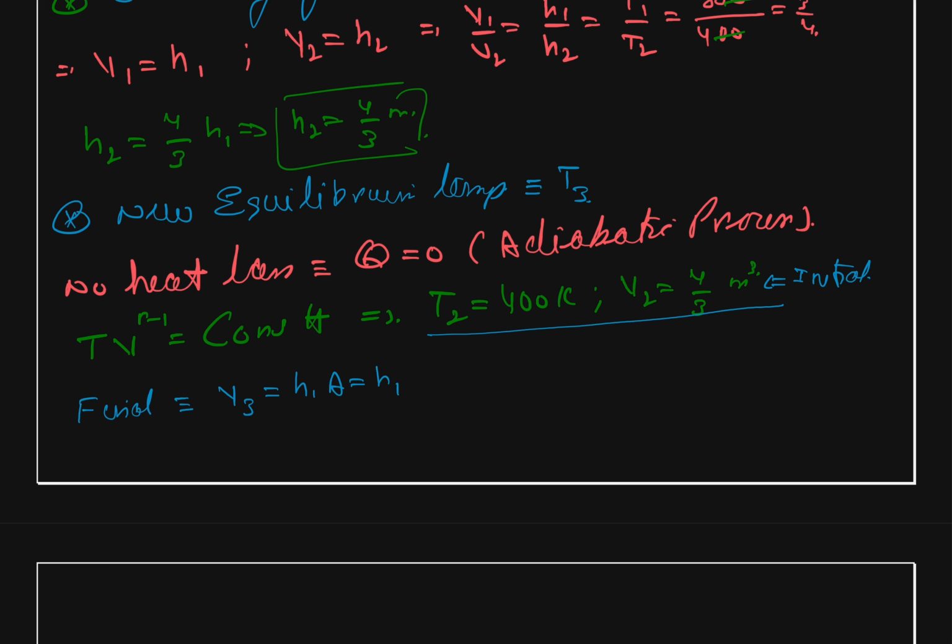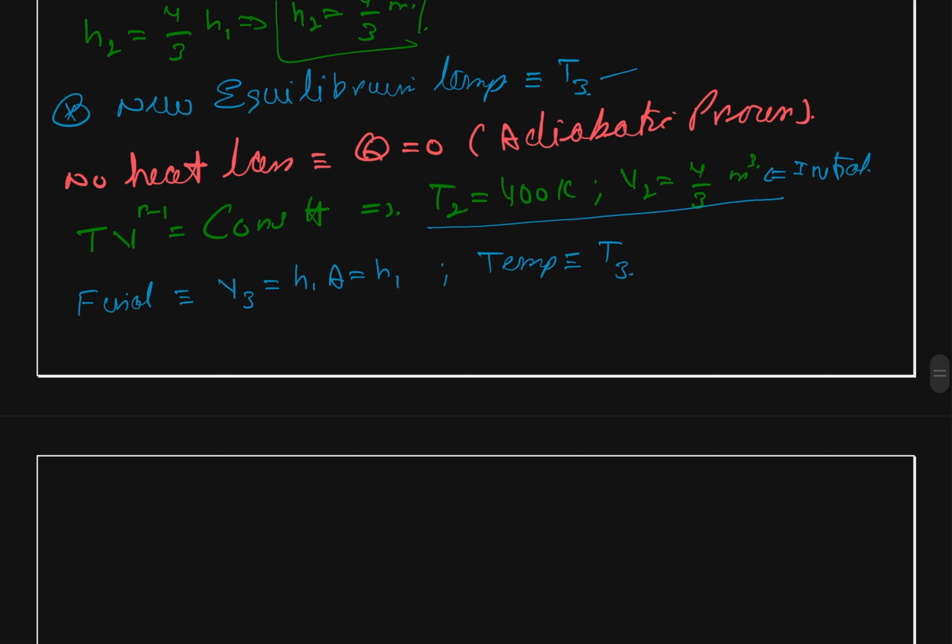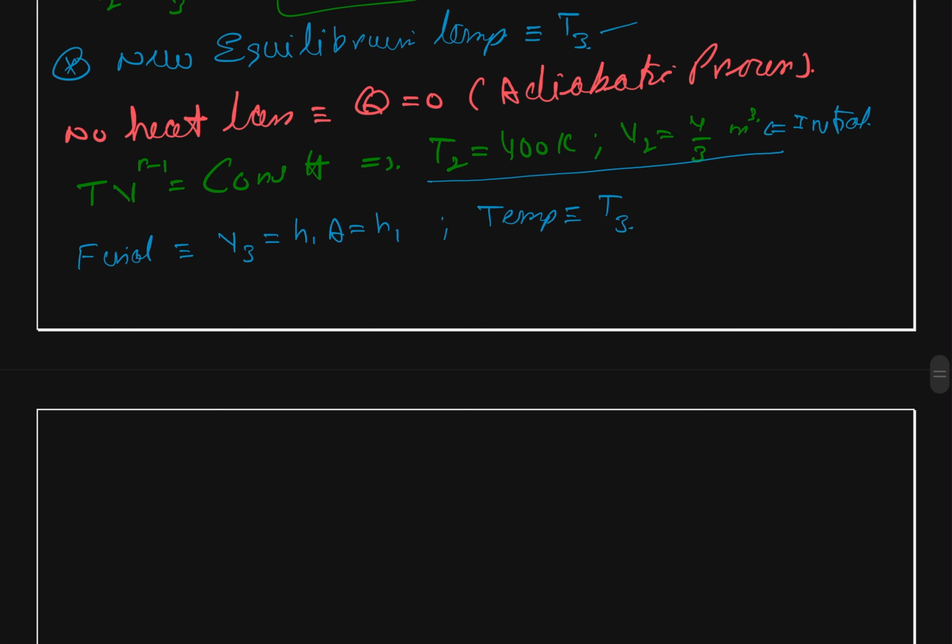And temperature, let us suppose, is T3. Therefore, we can write the equation that T2 V2^(gamma minus 1) is equal to T3 V3^(gamma minus 1).